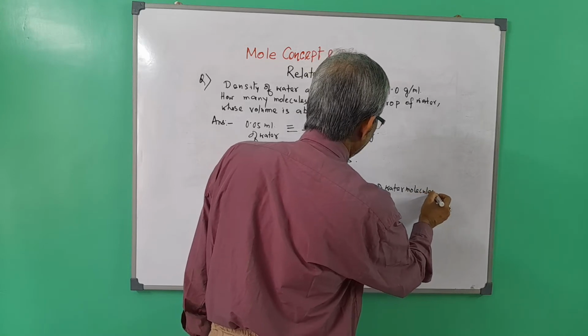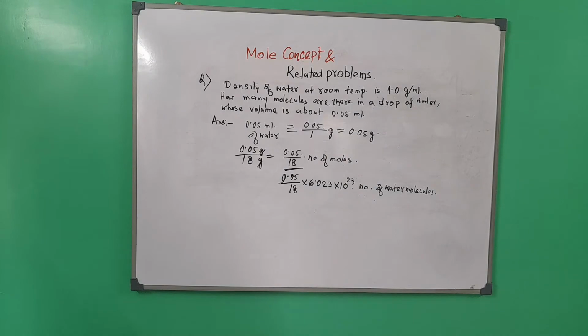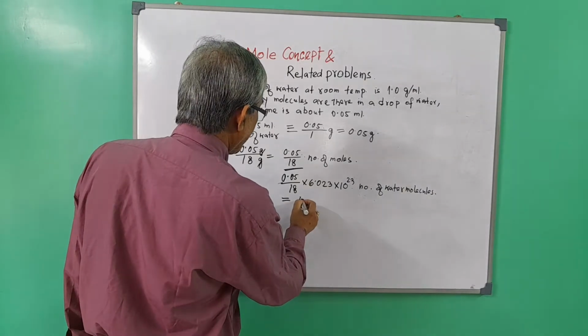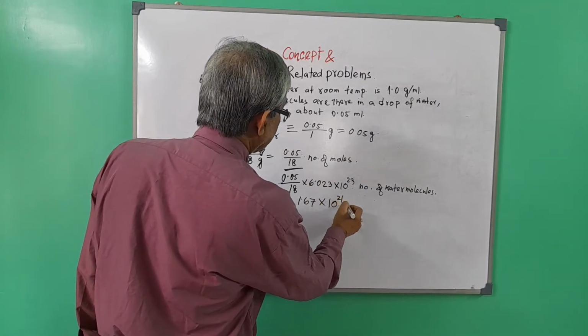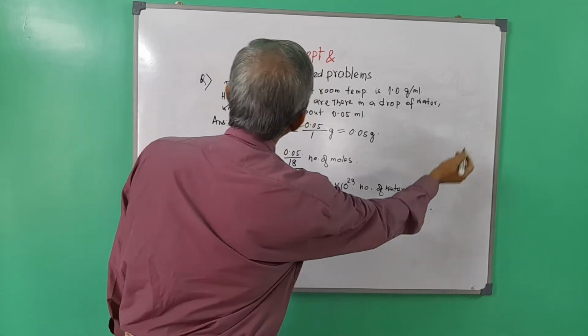Simply calculate and you get the answer. Okay? The answer will be 1.67 into 10 to the power 21 water molecules.